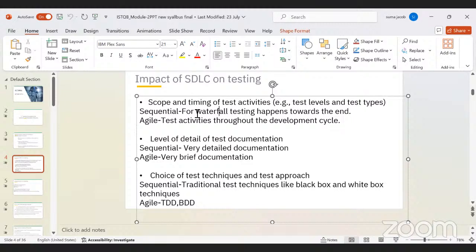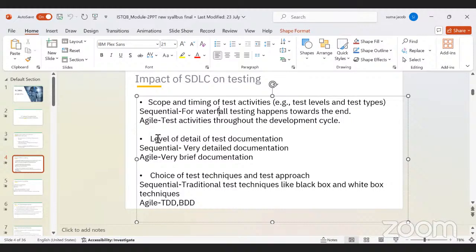All the activities begin in parallel, and testers will start understanding the requirements and preparing the test cases. We don't have to wait for the development phase to get completed, so we can start analyzing the requirements or any other test process.